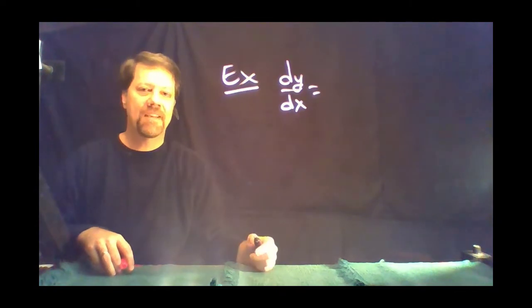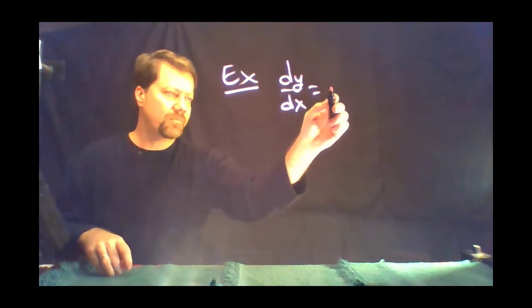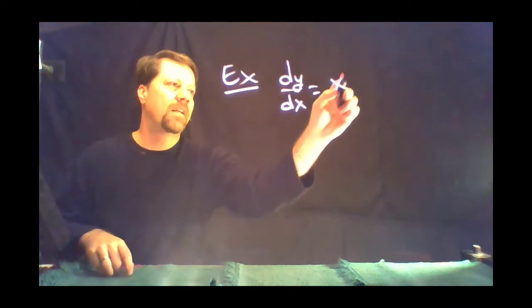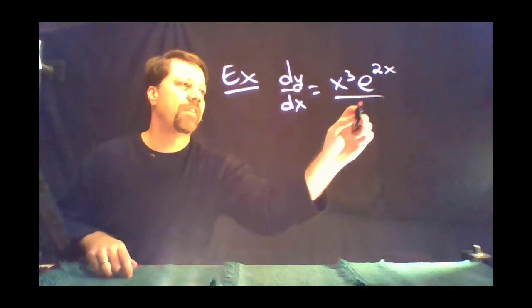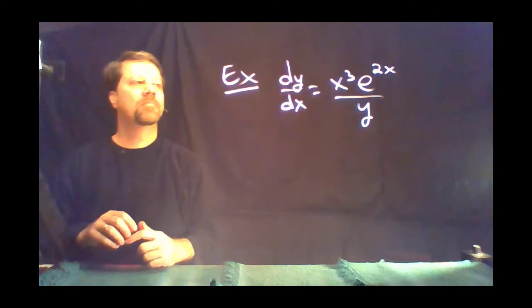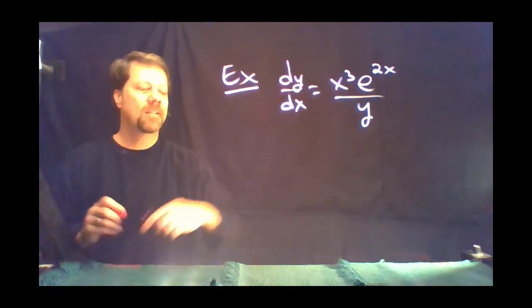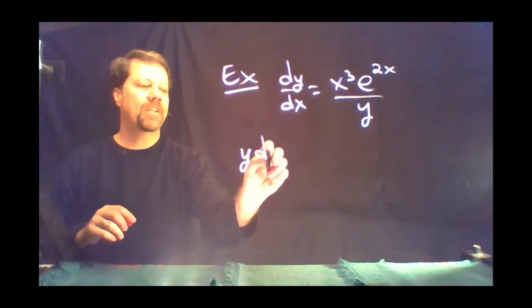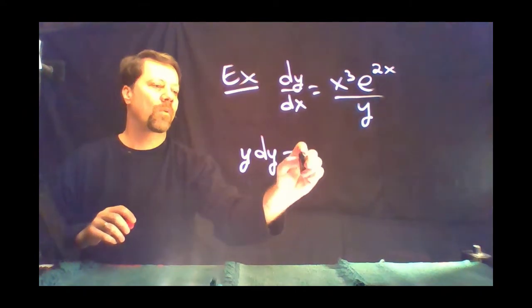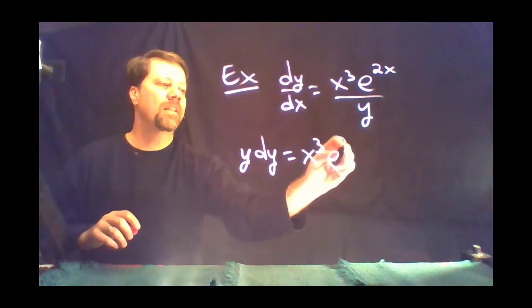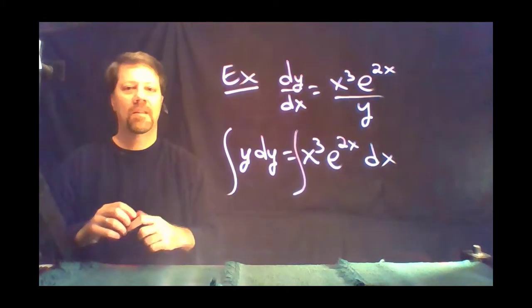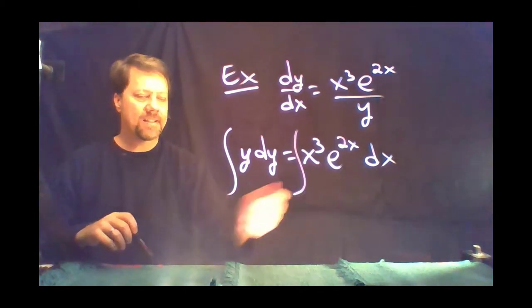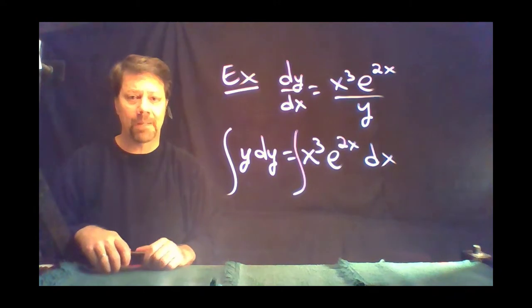Suppose I have the differential equation, let's say, x cubed e to the 2x divided by y. In this case, the variables separate out very nicely. We'll have an x cubed e to the 2x dx. You can see pretty quickly that this is definitely going to be an integration by parts problem.